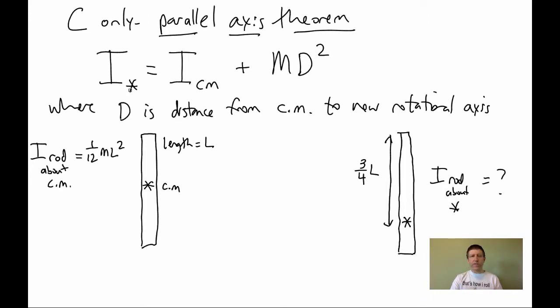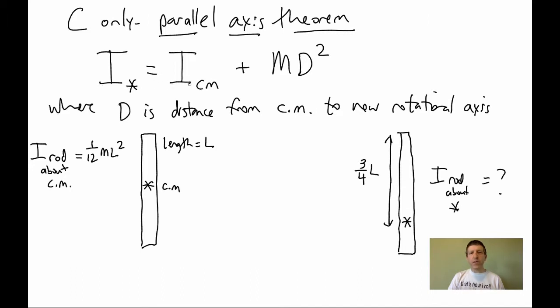And here is the parallel axis theorem. Only I use this little star notation for the rotational axis, because as far as I know, there's no standard symbol for that, but this works pretty well. So what the parallel axis theorem is this. The moment of inertia about some arbitrary axis which is parallel to the center of mass axis, it's got to be parallel to it.